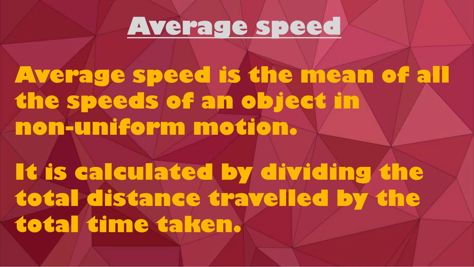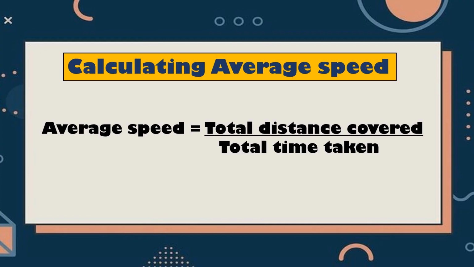It is calculated by dividing the total distance traveled by the total time taken. Now here is the formula for calculating the average speed of an object. Average speed equals total distance covered divided by total time taken.